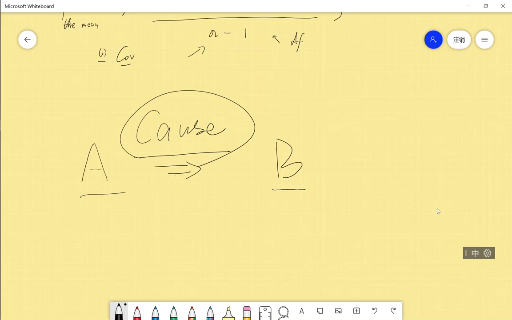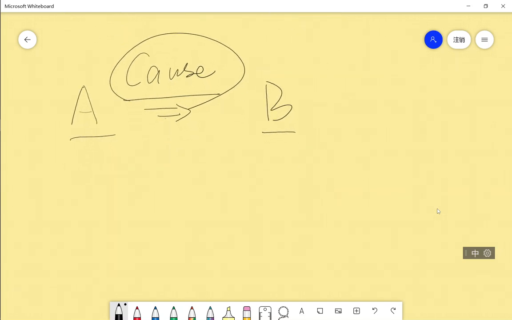You will see the keyword, the cause, the keyword of maybe because A happened, so B happened, something like that. It will indicate that it's a causality relationship, right? And you might see just correlation.